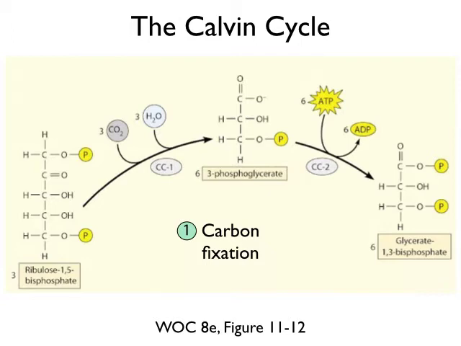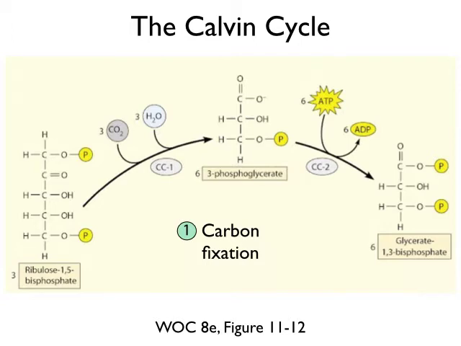In many plants, this is the first step of the Calvin cycle, and we call this carbon fixation because the carbon dioxide from the atmosphere is getting incorporated or fixed into these 3 PGA molecules. Right, so there are 6 3-phosphoglycerate molecules.